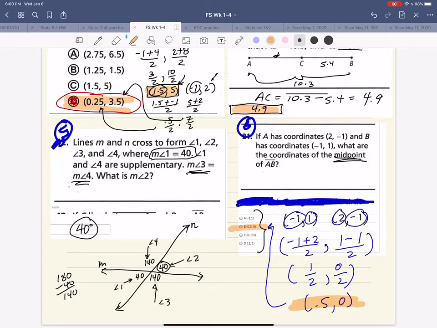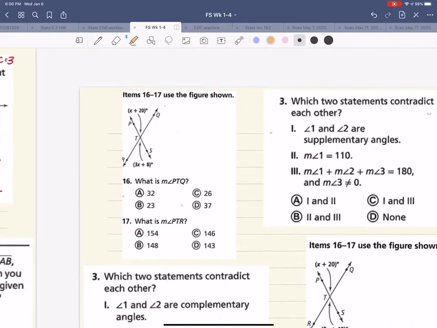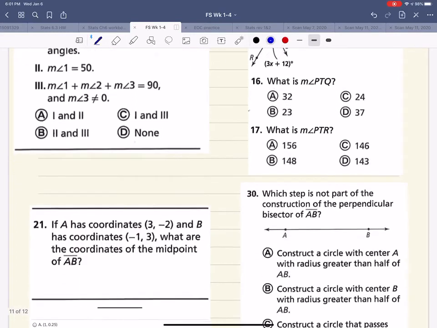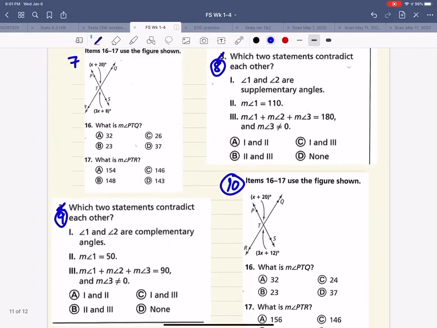B is 0.5 and 0. Cool. All right, now let's look at the next group of questions. So this one would be 7 and 8, 9 and 10, 11 and 12 on your homework. So let's take a look.